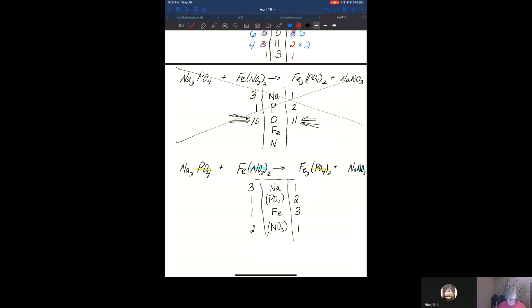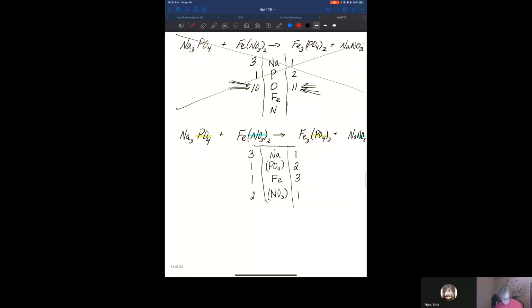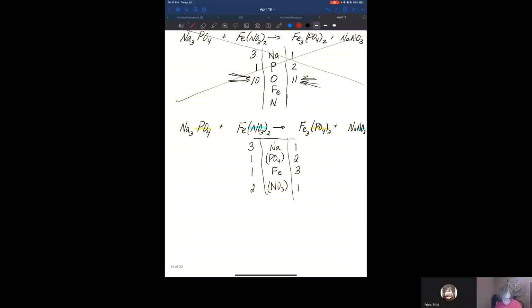All right, well, if I do that, maybe I'm going to do the larger of these. I'm going to do iron. So 3, so I'm going to multiply by 3. I'm going to toss a 3 up there. Now, by putting a 3 up there, what does that change? It changes the nitrate count. My nitrate count is no longer 2, it's now 6.